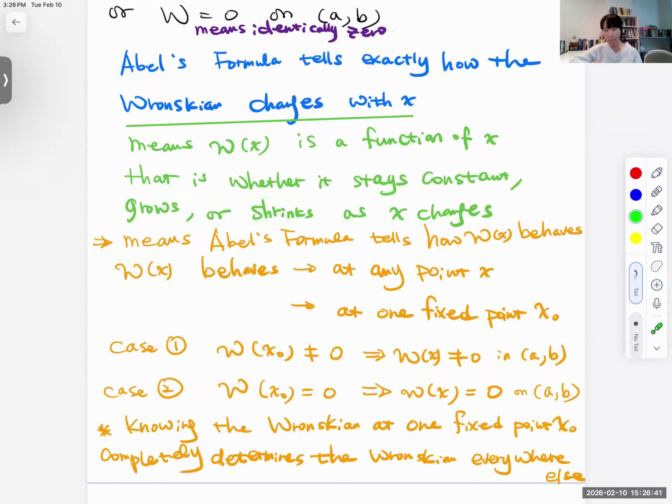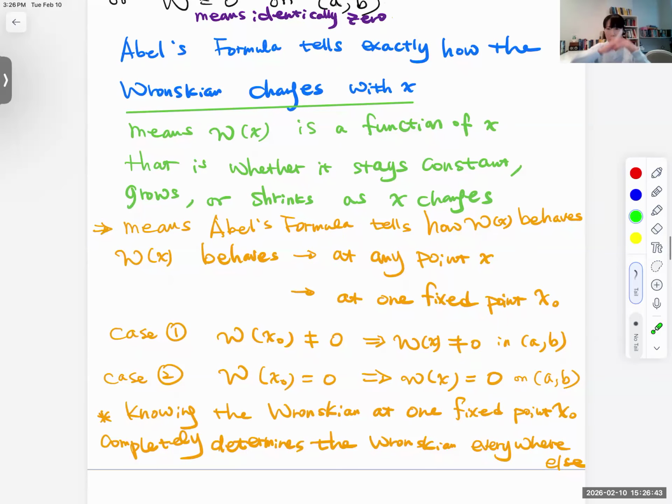Okay, so everything together: Abel's formula tells how the Wronskian behaves at any point x or at one fixed point x naught.